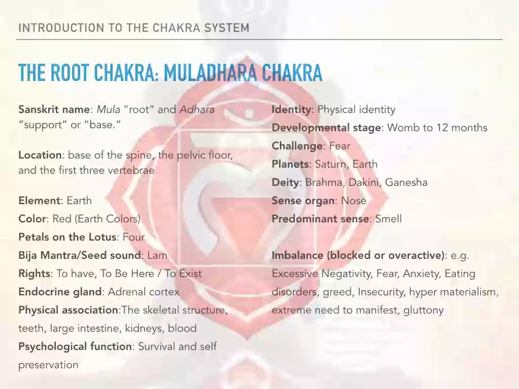The sense organ is the nose. Knowing what sense organ connects to the different chakras will help you also to find your healing. So grounding smells that make you feel safe can help you to open and stabilize the root chakra. You probably noticed how some smells just instantly make you feel grounded and safe.